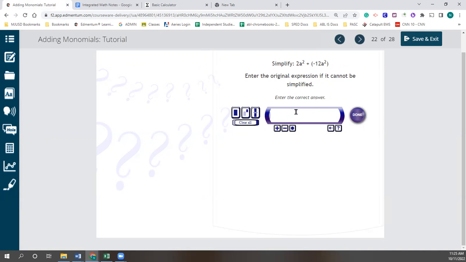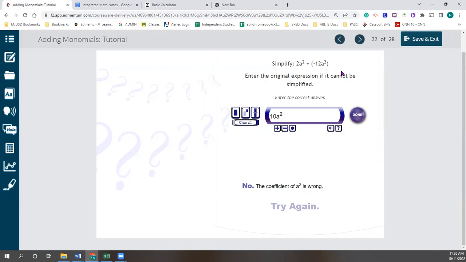So what is 2 plus -12 is 10. A, and then how do I get that exponent up there? I click on this right here in the middle where it says exponent, and then put that 2 up there and hit done. Oh no, the coefficient of a squared is wrong.